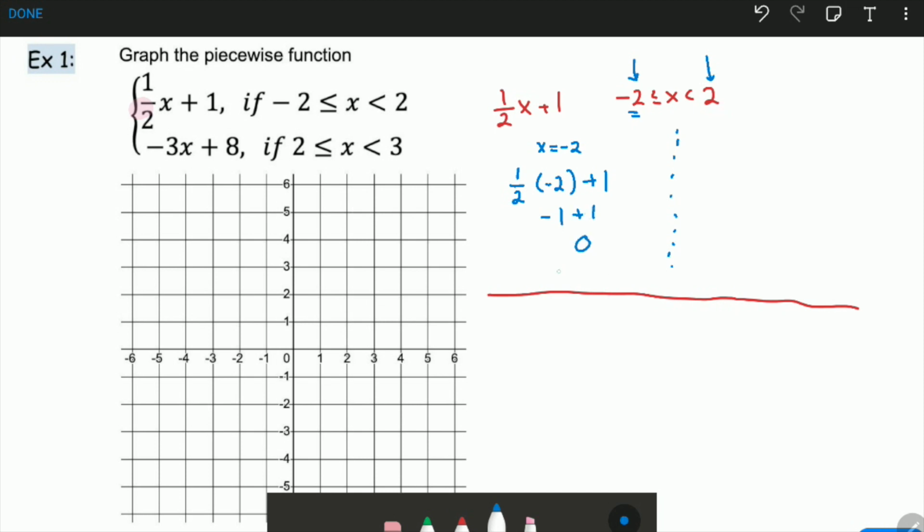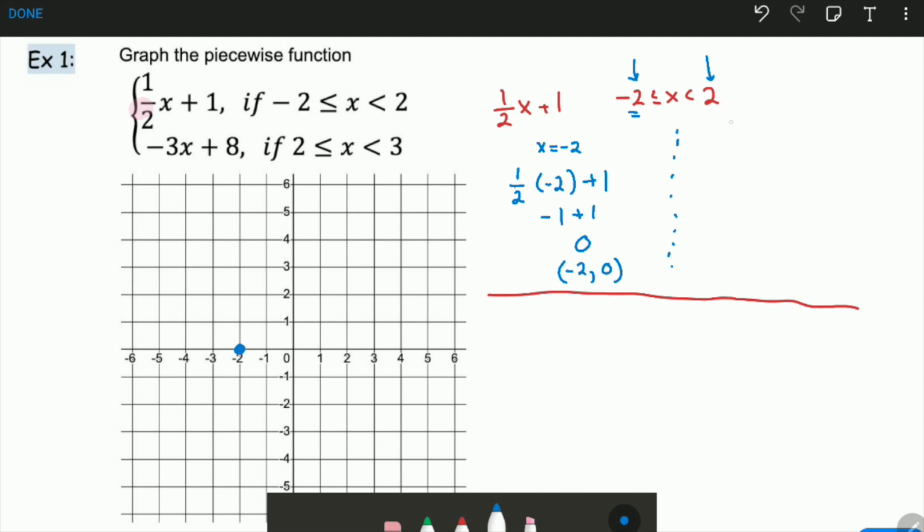So my first point that I'm going to plot is (-2, 0). And because my inequality sign is less than or equal to, it is a solid dot. So (-2, 0), solid dot.